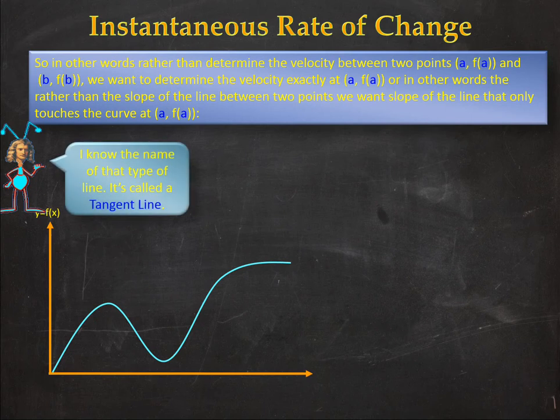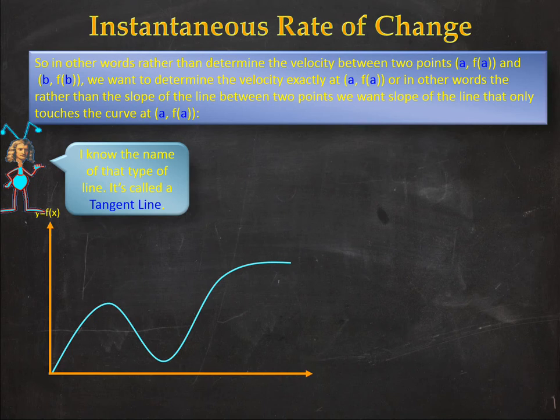So what we want to do is, rather than determine the average velocity or the average rate of change between 2 points, A and B, we want to pick one point, let's say A, and we want to determine the velocity exactly at A. So rather than determine the slope of the secant line between 2 points, we actually want to determine the slope of the line at one point.